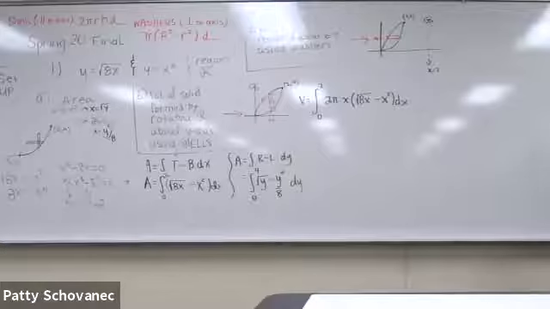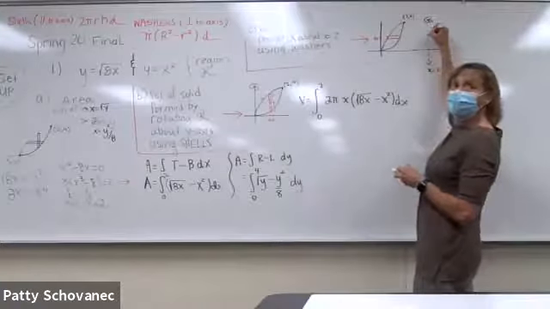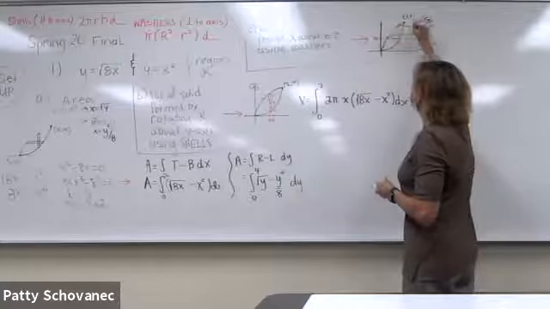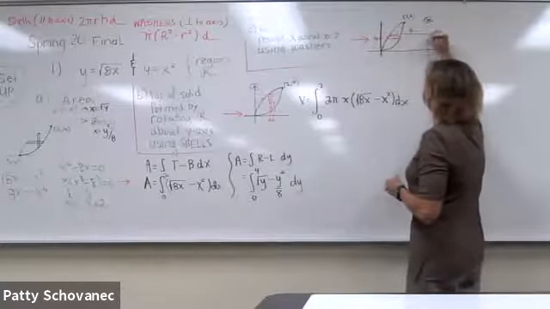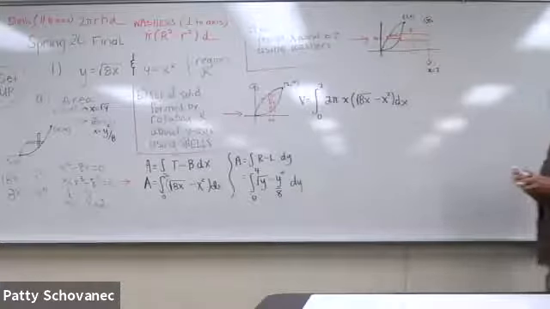And then we need an outer radius and an inner radius. So the outer radius, start your measurement from the axis of revolution and go back to the farthest graph. That's the outer radius. The inner radius is from the axis of revolution to the inner graph.